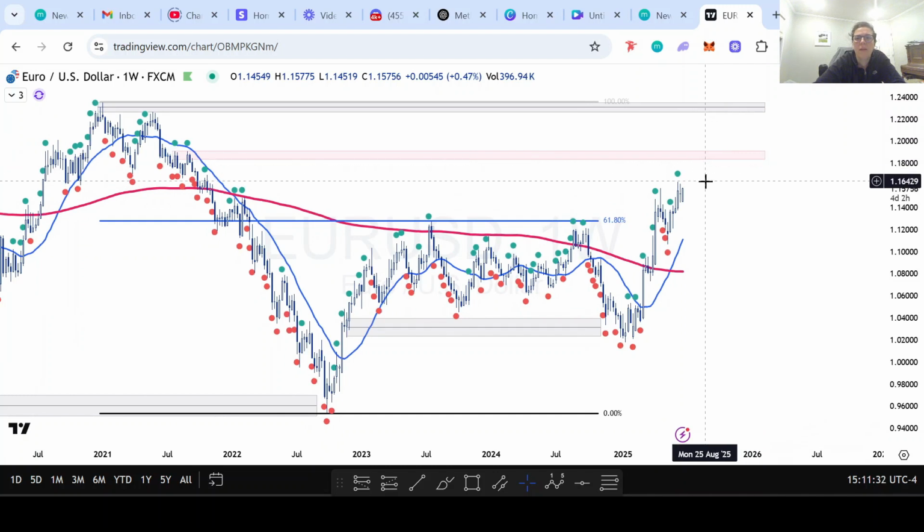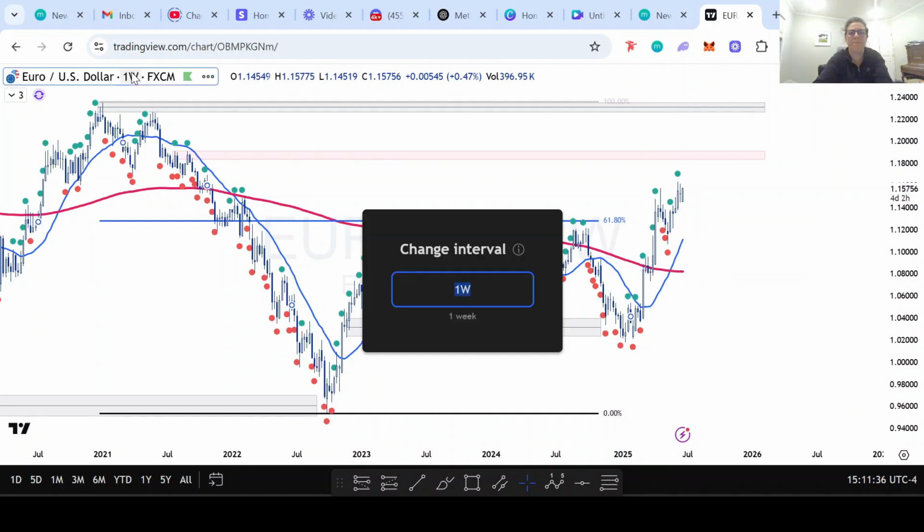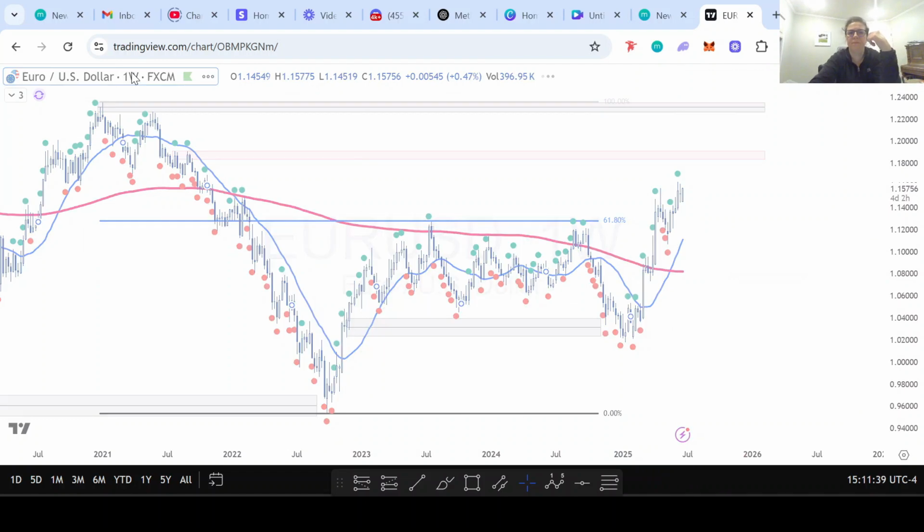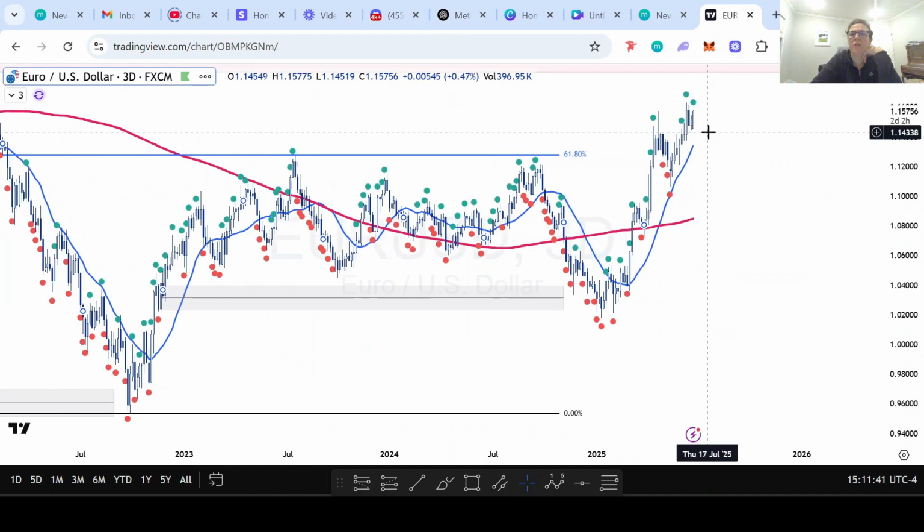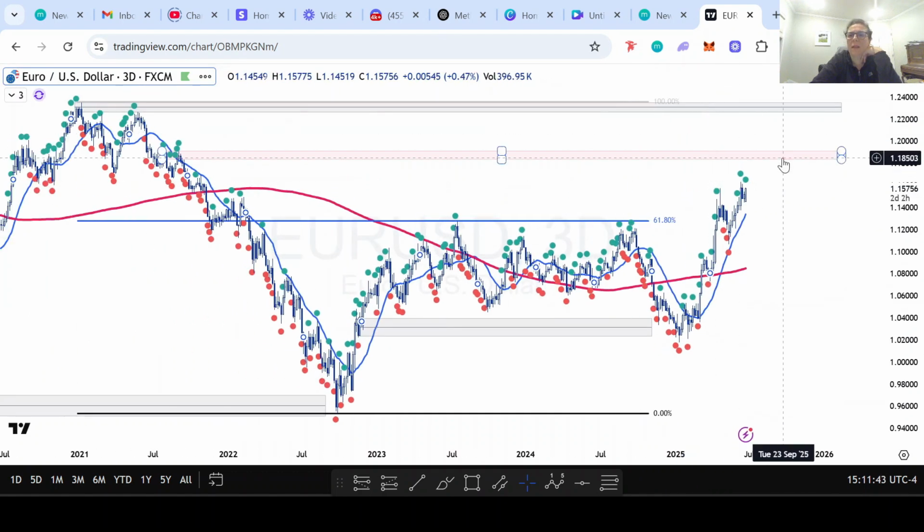trades. If we go back to our 3-day, we might get a retrace once we hit these levels up here, back to these 3-day levels here, which will probably also coincide with a bounce or a retest of the 61.8, and then we might head back up.